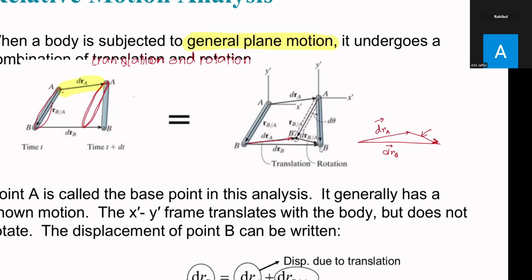So it's DRB with respect to A. Clear? B point is not here; B point has moved here. That means it has undergone a rotation. So B has moved relative to A. You understand my point? That's why DRBA, not AB.